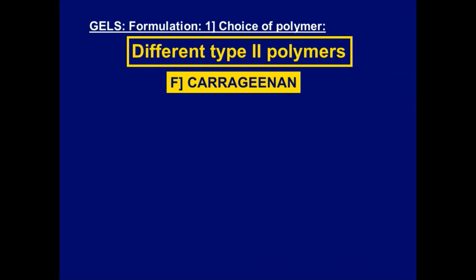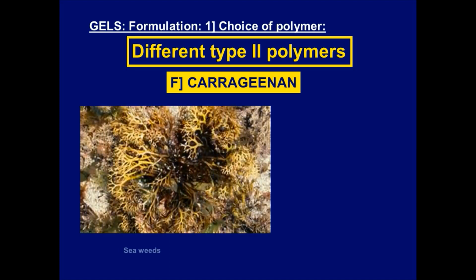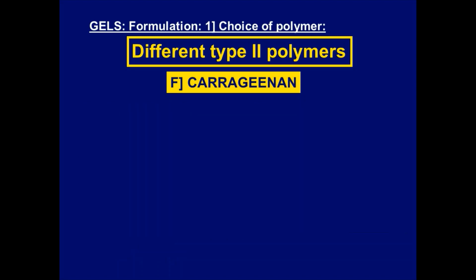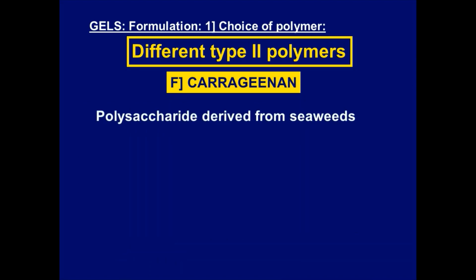Now we come to carrageenan. Also, carrageenan is of natural origin. It is obtained from seaweeds, and its form is white powder. Carrageenan is a polysaccharide derived from seaweeds. There are 3 derivatives of carrageenan.